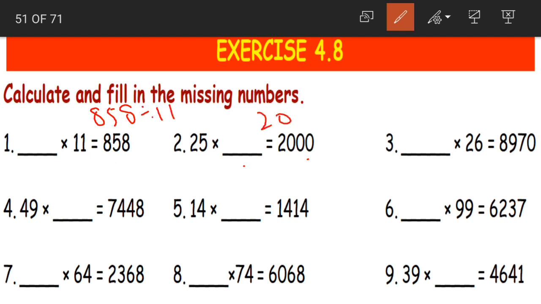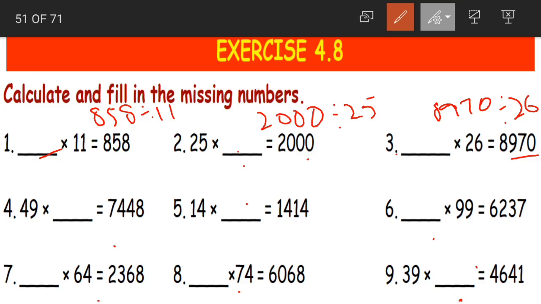For question 2, 2000 divided by 25. For question 3, 8970 divided by 26. Clear, children? In the same way, try to find out the missing number for each of the products in each of the multiplication facts. Okay.